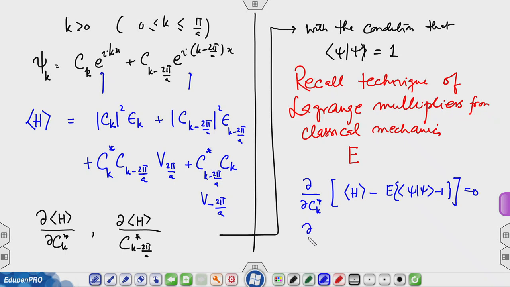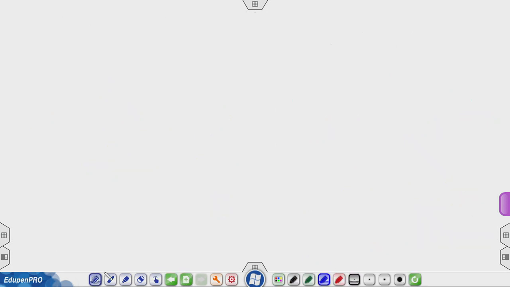I'm just giving you the steps. d by d c_(k minus 2 pi by a) star of (H minus E(<psi|psi> minus 1)) equal to 0. This gives you the equations for c_k and c_(k minus 2 pi by a), and let me write the equations. You will have to work out these things.